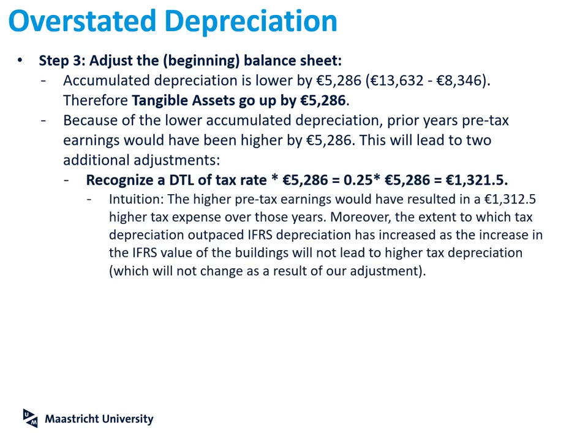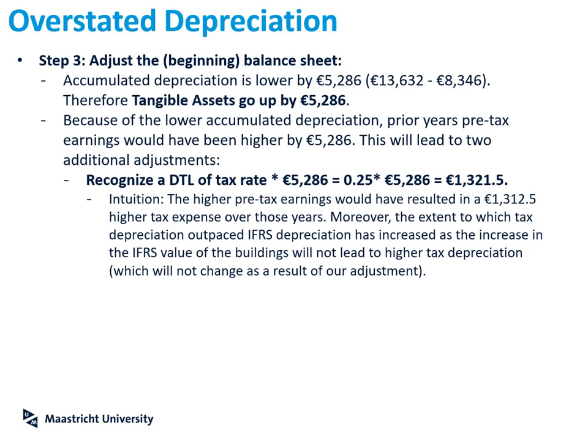And this will lead to two adjustments on the balance sheet. The first one being the recognition of a deferred tax liability that is equal to 25%, the tax rate of this difference. So what we want to do is we recognize a deferred tax liability of 1.321 billion.